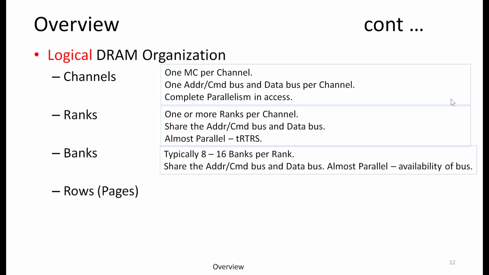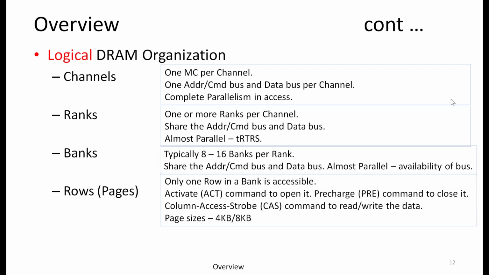Banks are further split into rows or pages. Here you can say that this is the DRAM page. So we have three different pages now: virtual page, physical page, and DRAM page. At any given moment, we can access only one page in the bank.